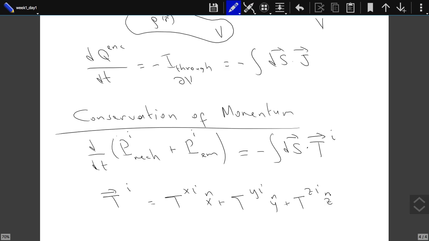Yes? On the right-hand side, you have a dot product of two vectors, so it's a scalar, but on the left-hand side, you have momentum, which is... No, you see, I'm taking one component of momentum, which is just a number. The time derivative of that component, the x component, is a number.